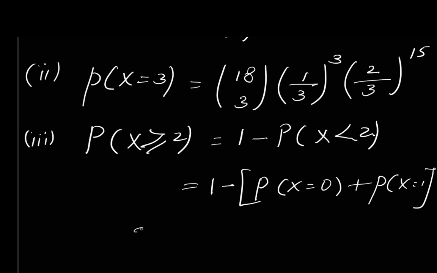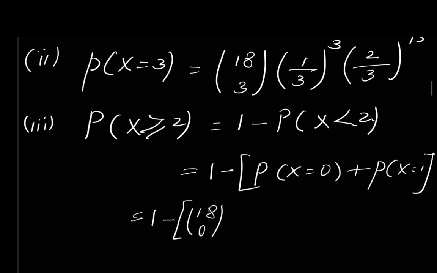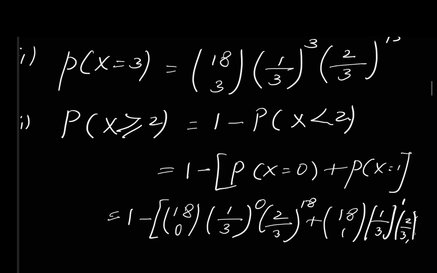Now substitute: replace x as 0 here, 18C0, 1 by 3 power 0, 2 by 3 power 18, that is n minus x, plus 18C1, 1 by 3 the whole power 1, 2 by 3 the whole power 18 minus 1, which is 17.